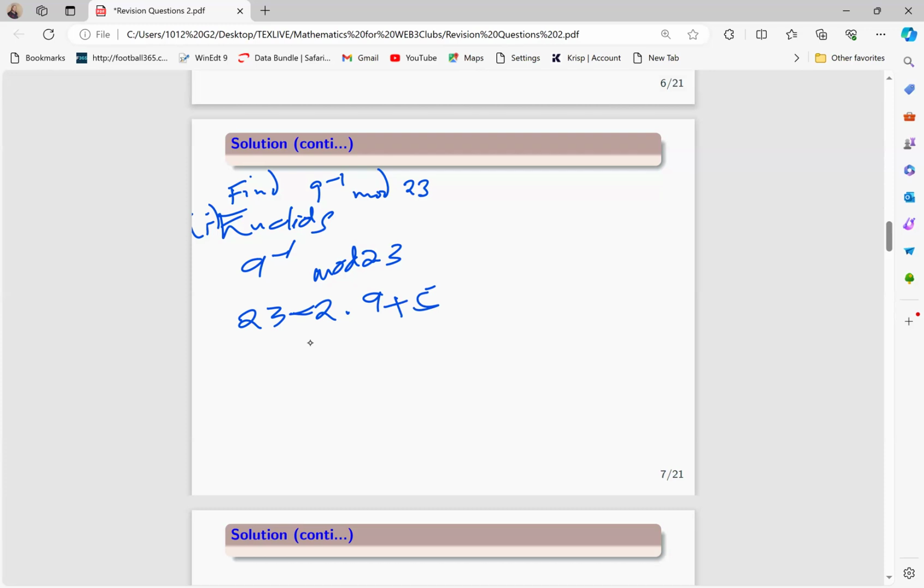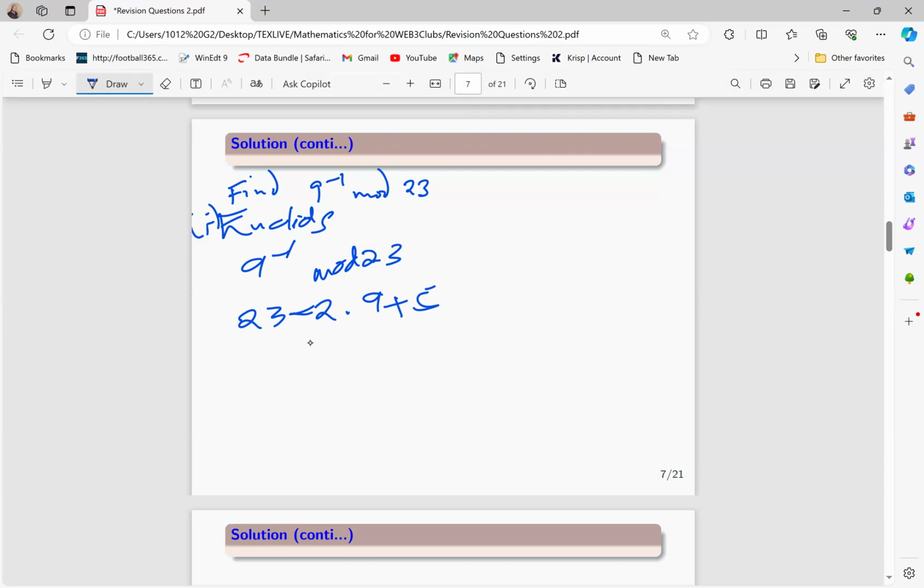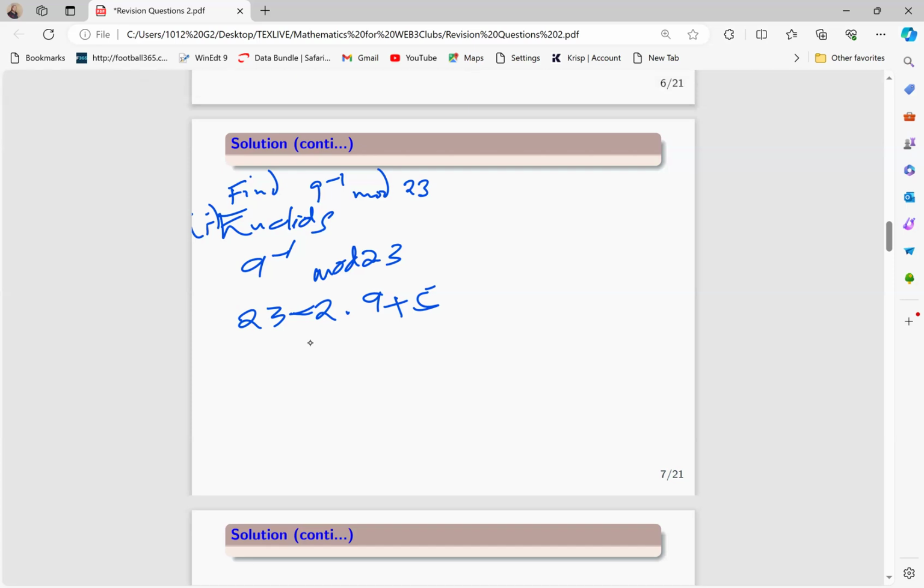So you continue. You take the 9 now, divided by 5. How many times does 5 go into 9? Here 5 goes there once, then multiplied by 5, plus the remainder, which is 4.